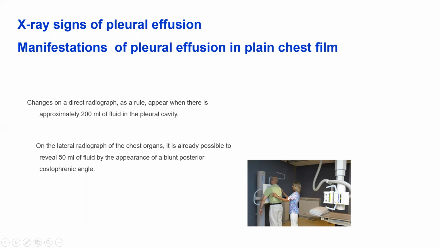With a lower volume of fluid, we use a lateral radiograph of the chest organs, and a lateral chest X-ray can help to detect pleural effusion starting from 50 milliliters of fluid.